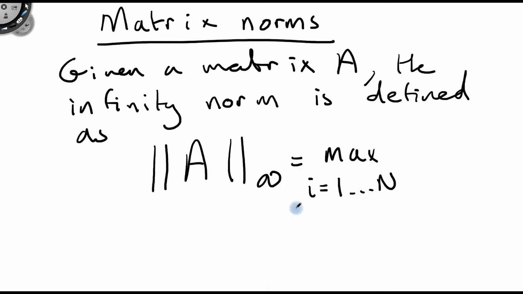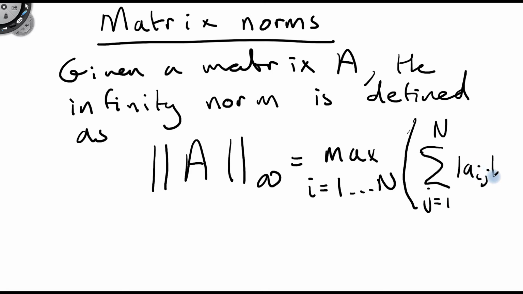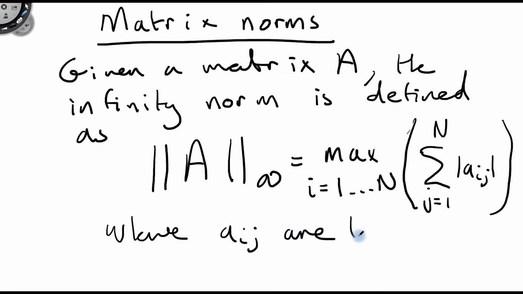I saw there is a little typo in the lecture notes: this i equals 1 to n should be included in this definition. So where i, j are the components in row-column format of your matrix A.